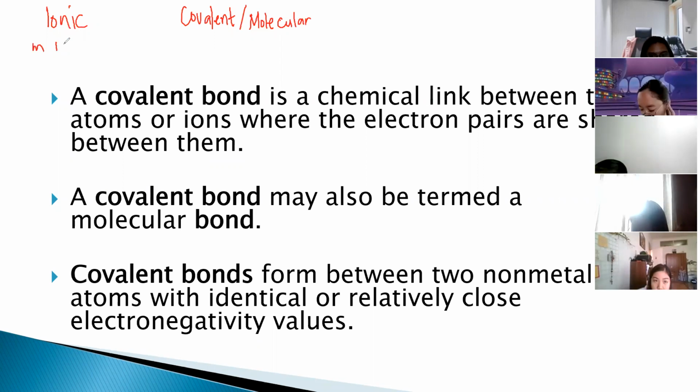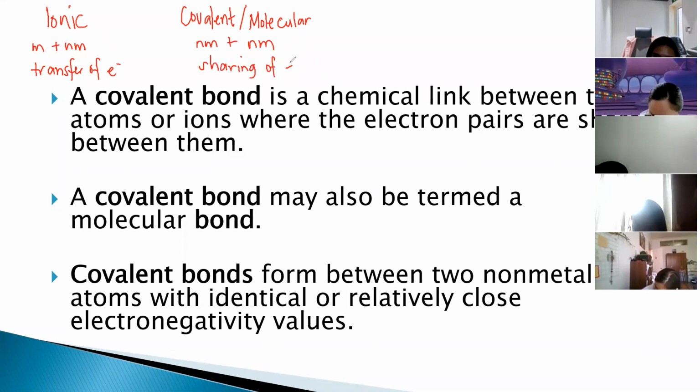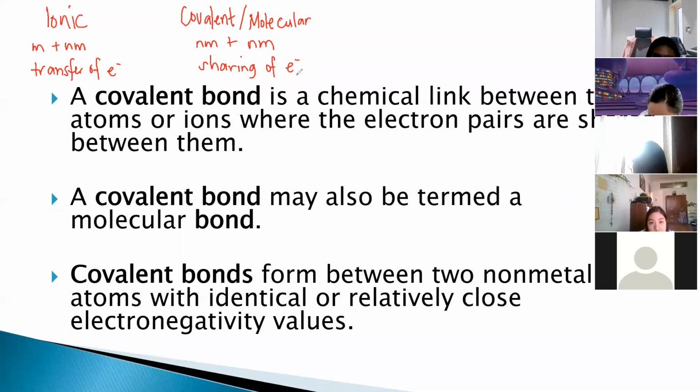It's between metal plus non-metal, and this involves transfer of electrons. While the other one, covalent, is non-metal plus non-metal, and this involves sharing of electrons. That is their difference, but both of them are actually strong bonds.